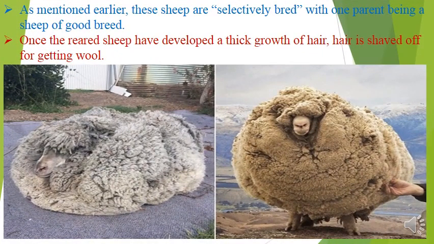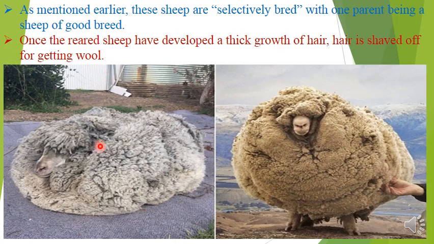As mentioned earlier, some sheep are very special. They bear good quality wool along with a large quantity. So, such sheep are selectively bred, with one parent being a sheep of good breed. Once the reared sheep have developed a thick growth of hair, the hair is shaved off for getting wool.